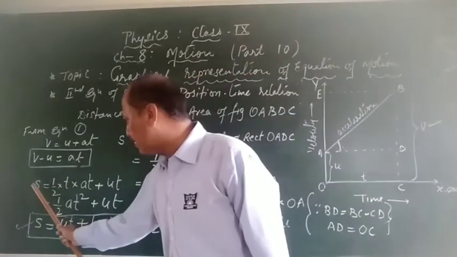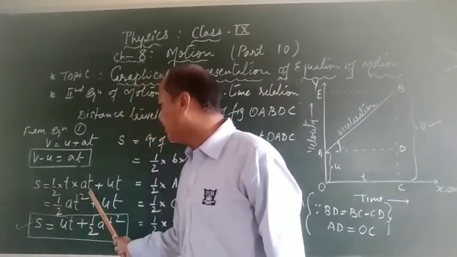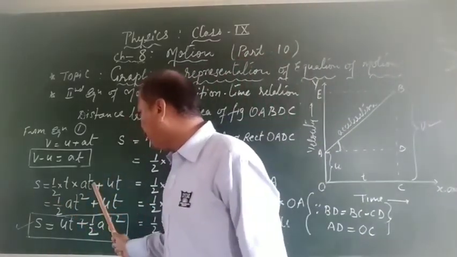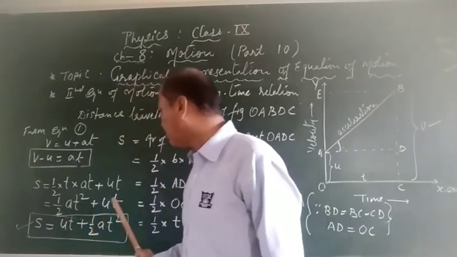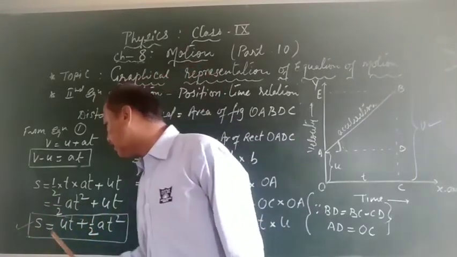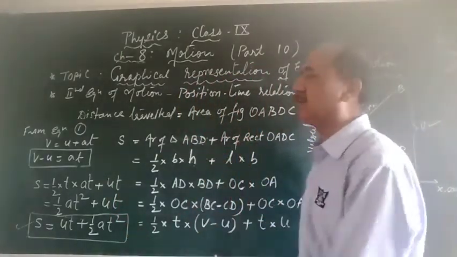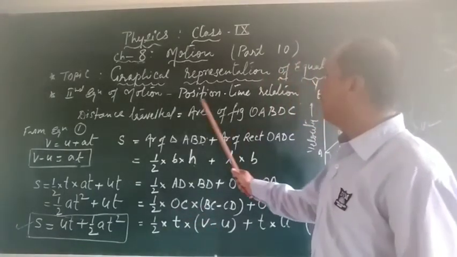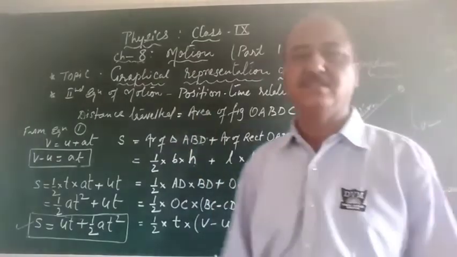So we get s, that is distance, half into t into at plus ut, which is already there. Now t into t is t square. The expression becomes half at square plus ut, or we can write s equals ut plus half at square. This is our second equation of motion, obtained in terms of the position time relation by the graphical method.